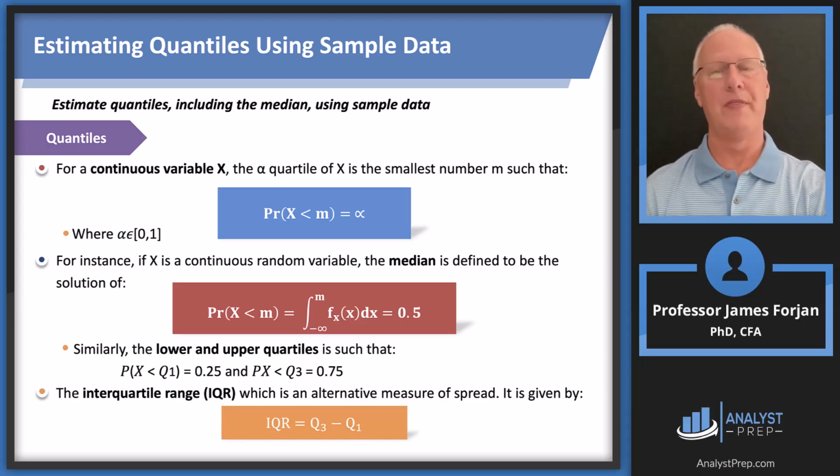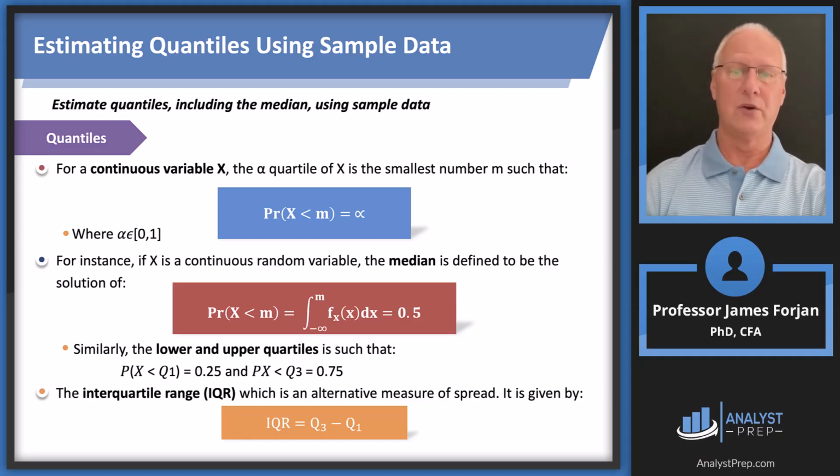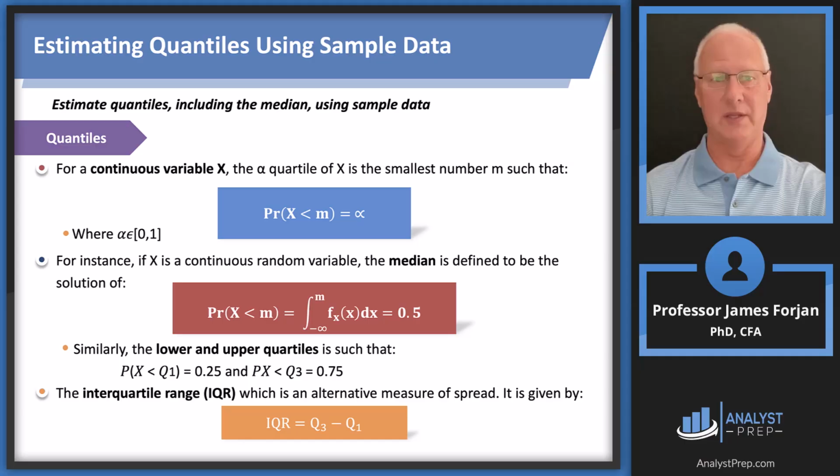Now, you might remember that a couple of chapters ago, we talked about the quantiles. So this is pretty much a review. Remember that when we have these continuous random variables, then we can assign some probabilities to them.